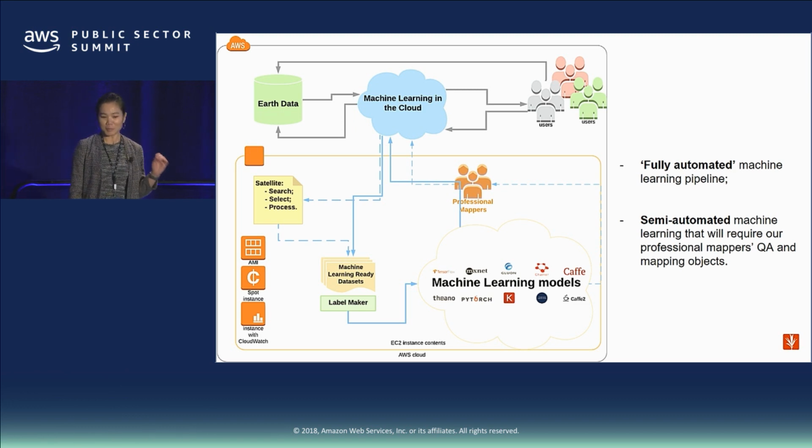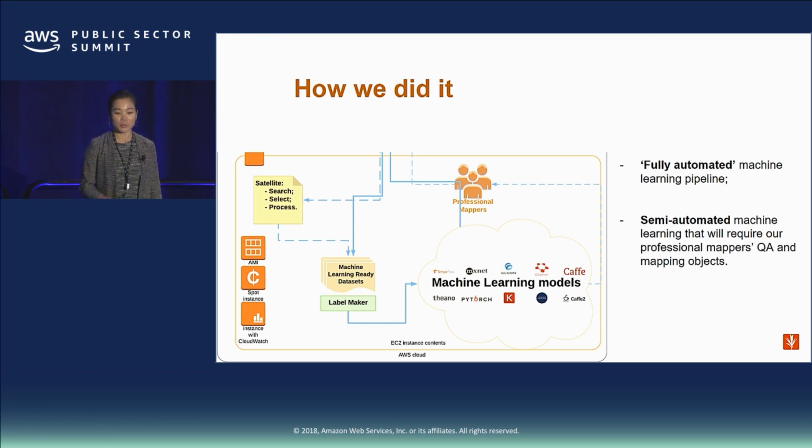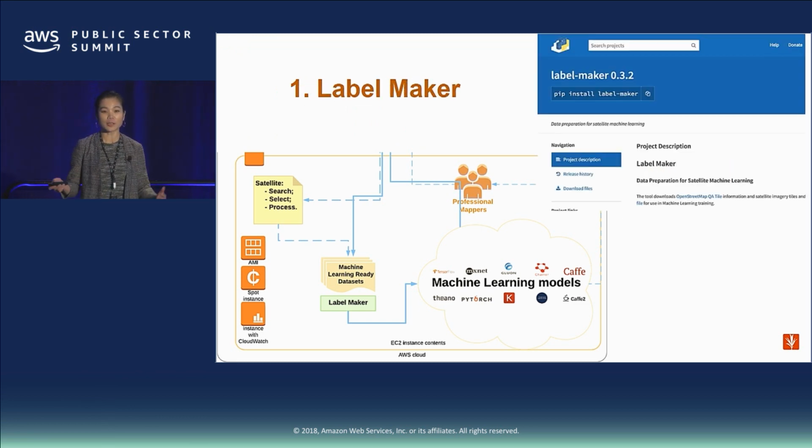And as I mentioned, there are so many satellite images, so which one to use? It requires search, select, and process, and there's not even a machine learning ready dataset yet. So at DevC, what we did was build another tool, label maker. So go back and check out pip install label maker.